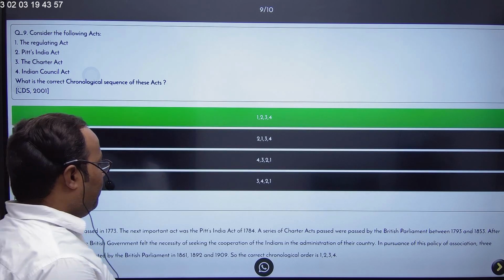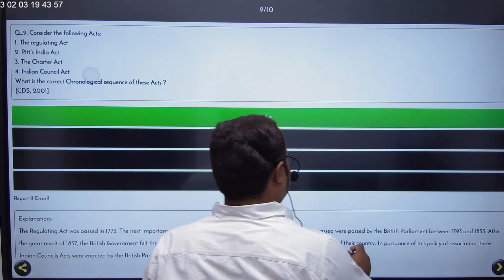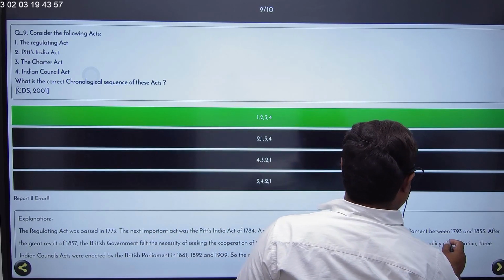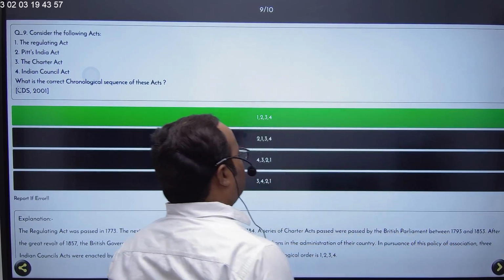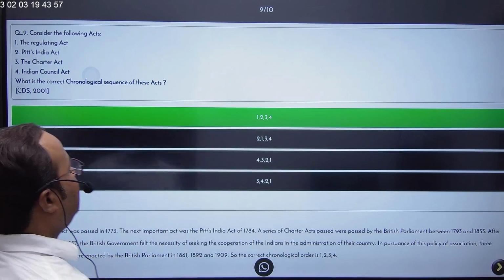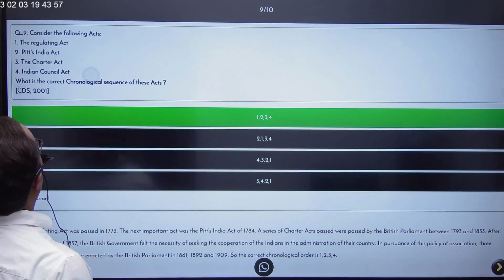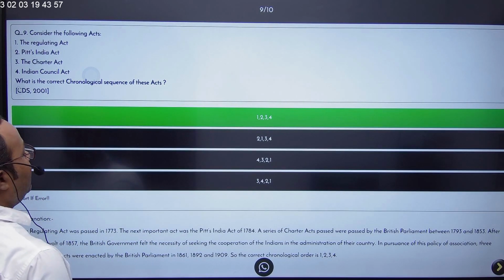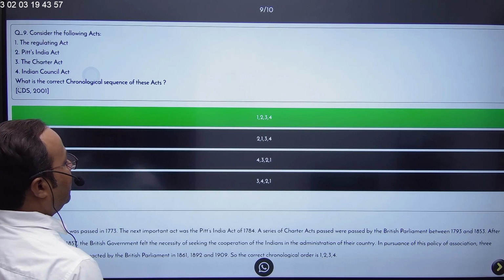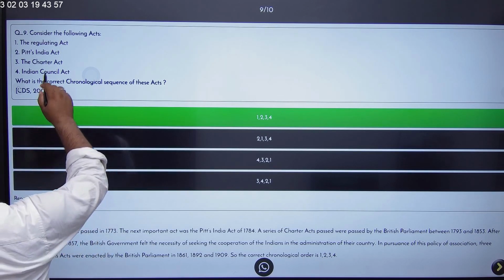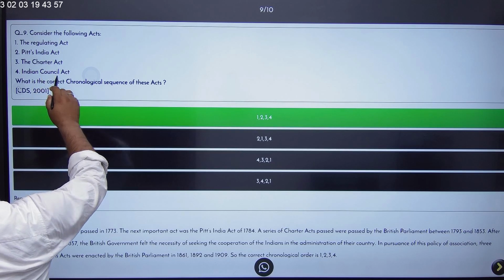The Charter Acts were passed between 1793 and 1853. And next is Indian Council Act.